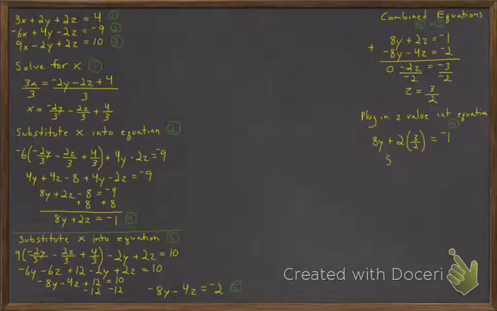We get 8y plus 3 equals -1. We bring the 3 over, and we get 8y equals -4. We divide by 8, and we see that y is equal to -1/2.